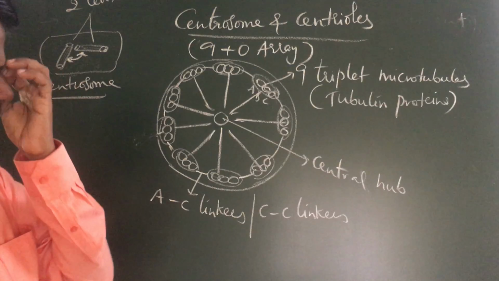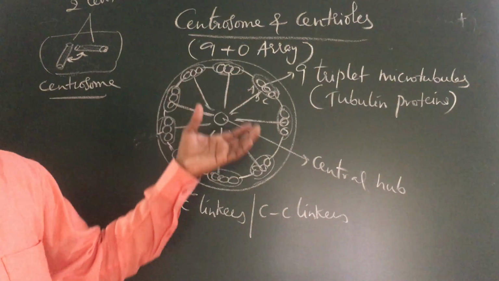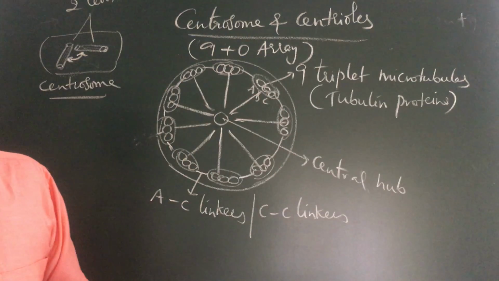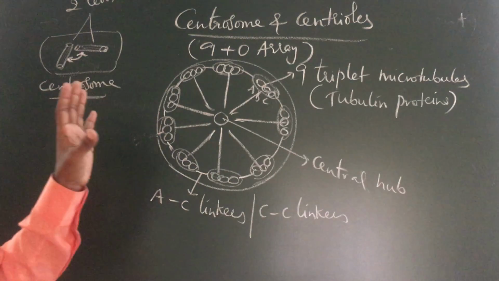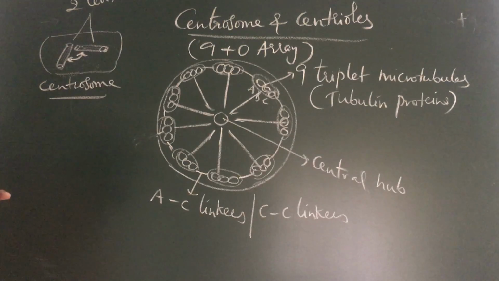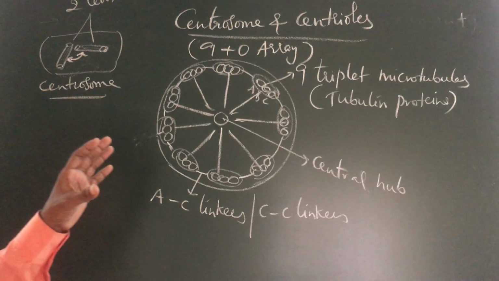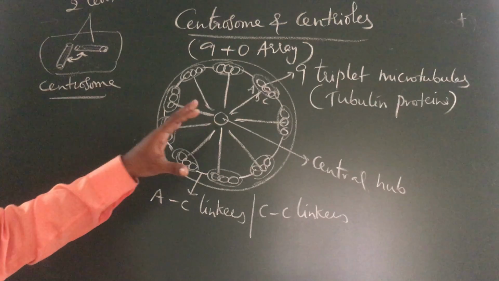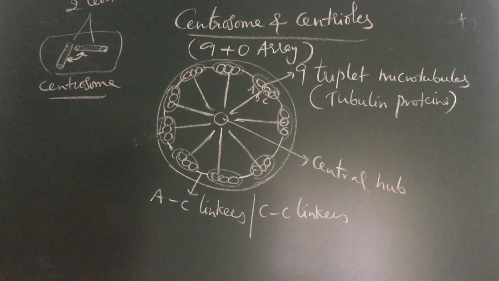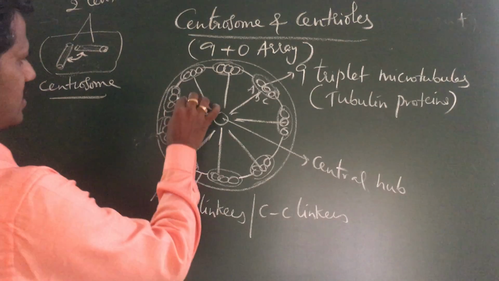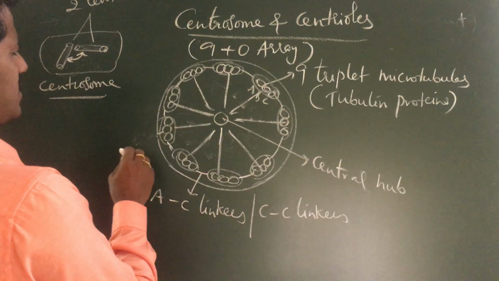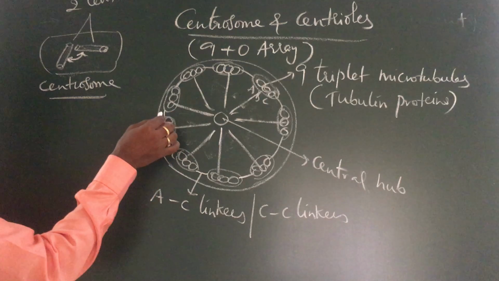Because the central microtubule is absent, so we call it 0. Peripheral nine triplets are there, so we call it 9. It is just like a cartwheel shape. The space inside we call the matrix, the hollow space.